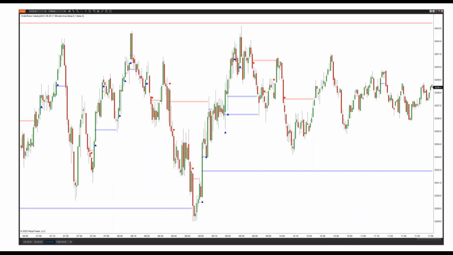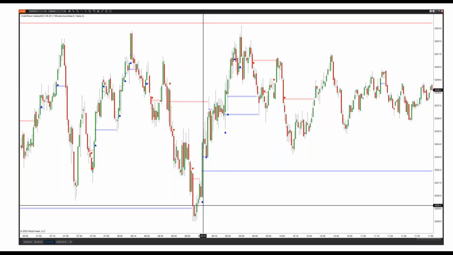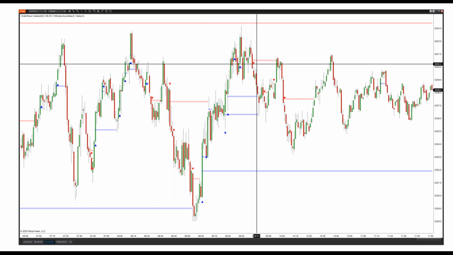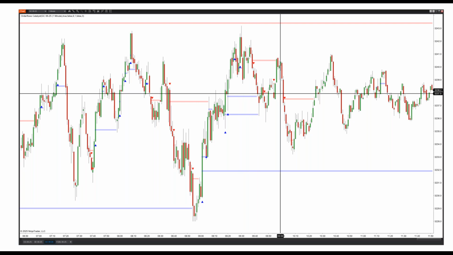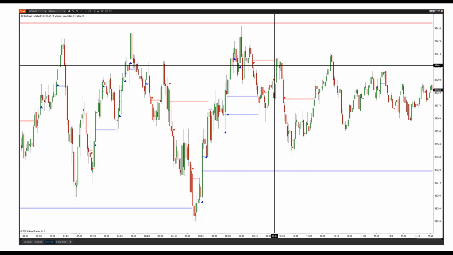So again, it looks like it's a choppy market, but this range is 29 up to what, 40, so it's 42. It's about a $14 range, but there's decent trades to be had from the bottom to the top, and from the top back down.